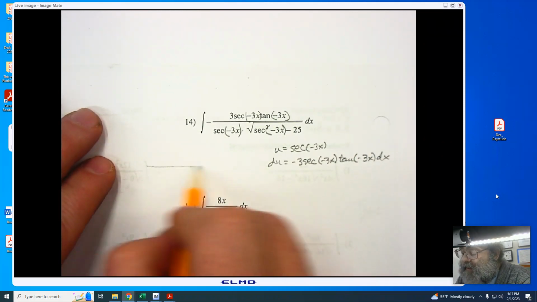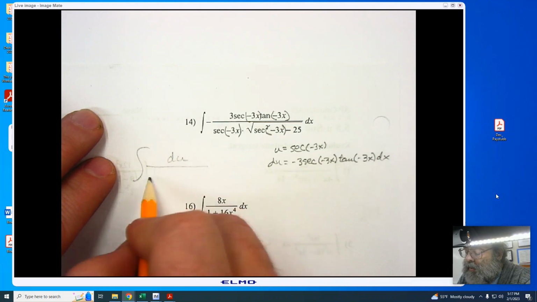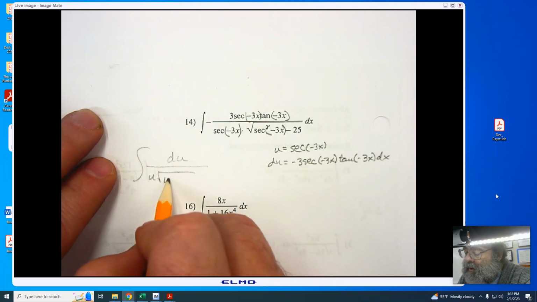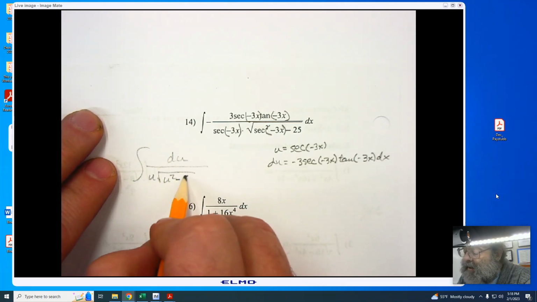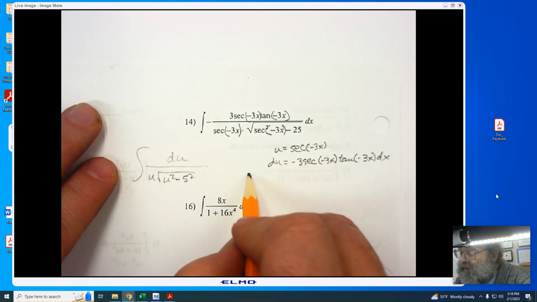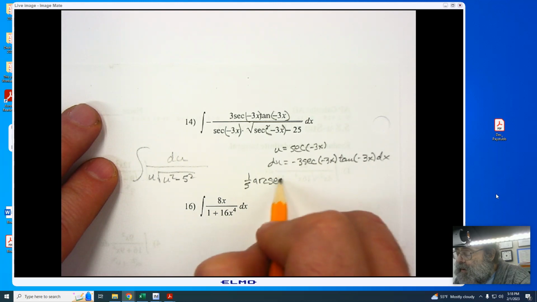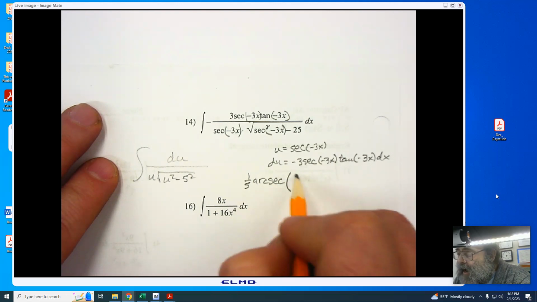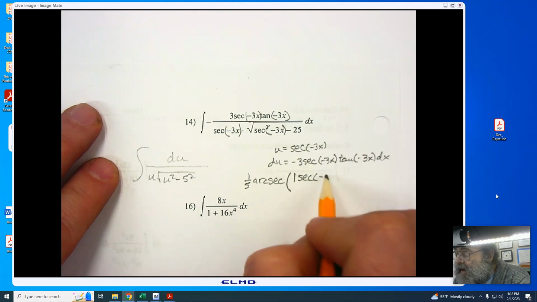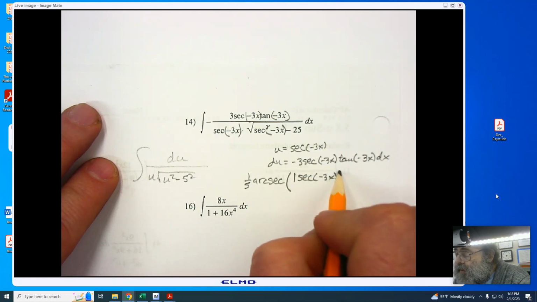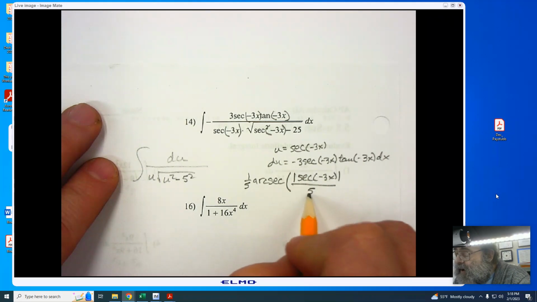Therefore, I can now rewrite this as the integral of du over u square root u squared minus 5 squared. This is my arc secant, 1/5 arc secant, absolute value of the secant of negative 3x divided by 5, plus c.